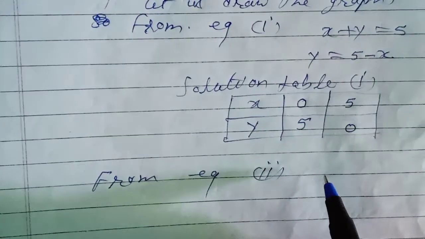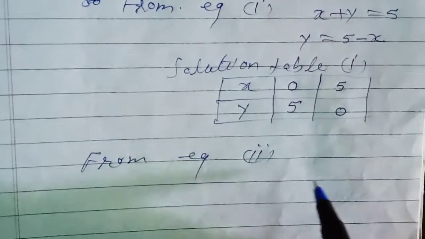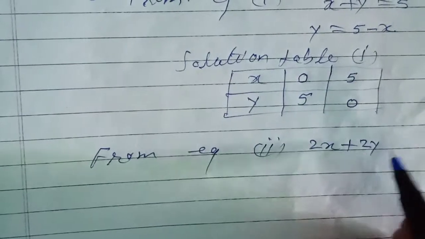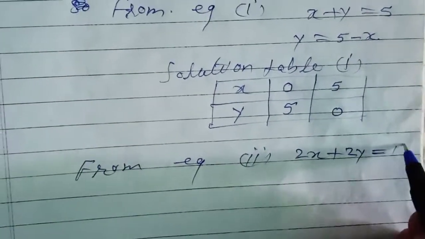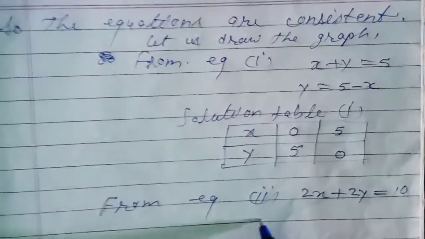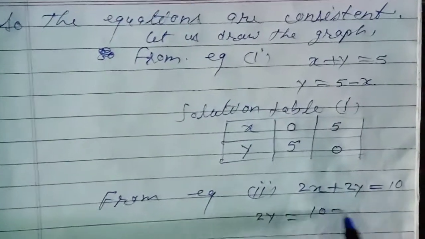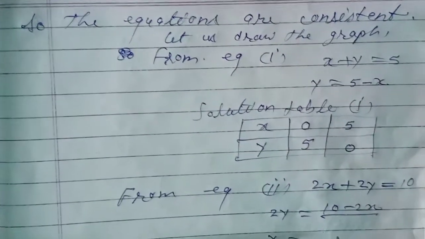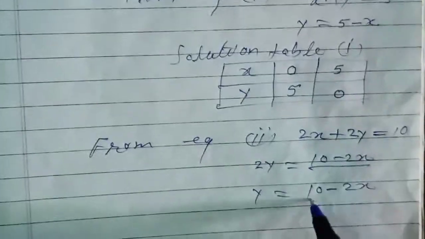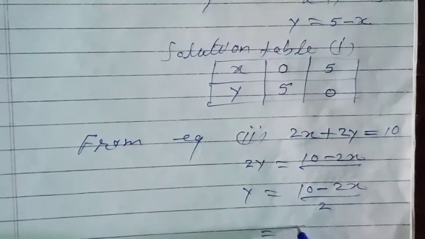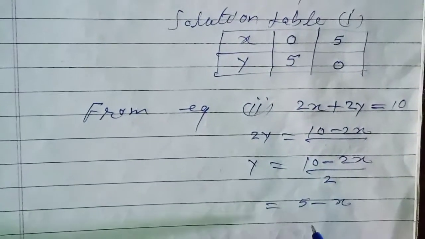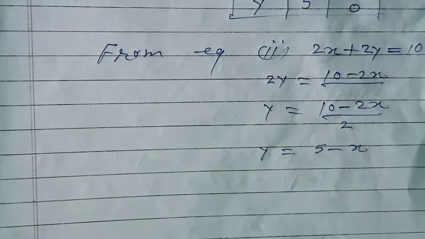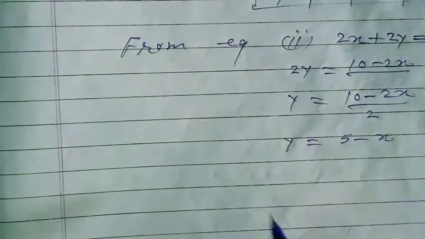Now from equation second, 2x plus 2y is equal to 10. So 2y is equal to 10 minus 2x. y is equal to (10 minus 2x) by 2 is equal to 5 minus x. y is equal to 5 minus x. So solution table, let us take different values.